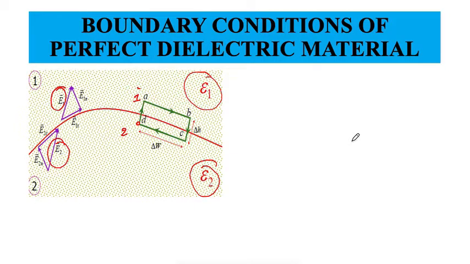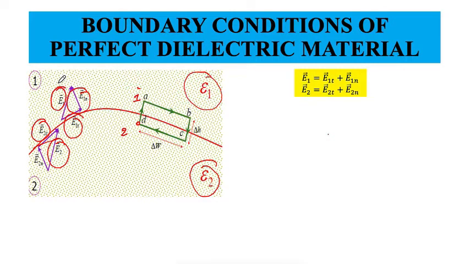Now E1 can be broken up into 2 parts: one component parallel to the plane and the other component perpendicular to the plane. These parallel components are called tangential components, tangential to the plane that is separating the two mediums, and the component perpendicular, pointing out of the plane, is the normal component.